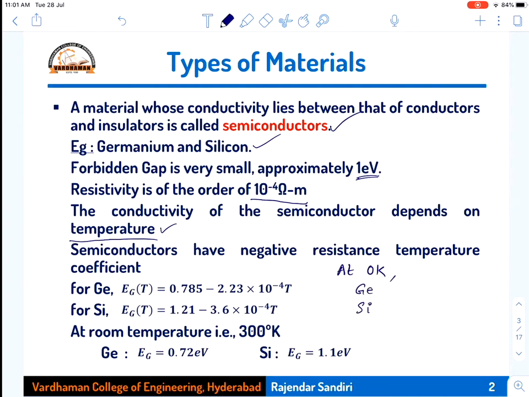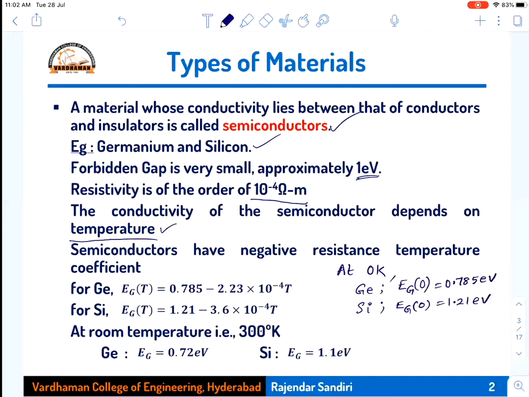We represent that forbidden energy gap as Eg. At 0 Kelvin, I represent that as Eg of 0. The temperature is 0. So Eg of 0 is approximately 0.785 electron volts for germanium and 1.21 electron volts for silicon. So these are at 0 Kelvin.